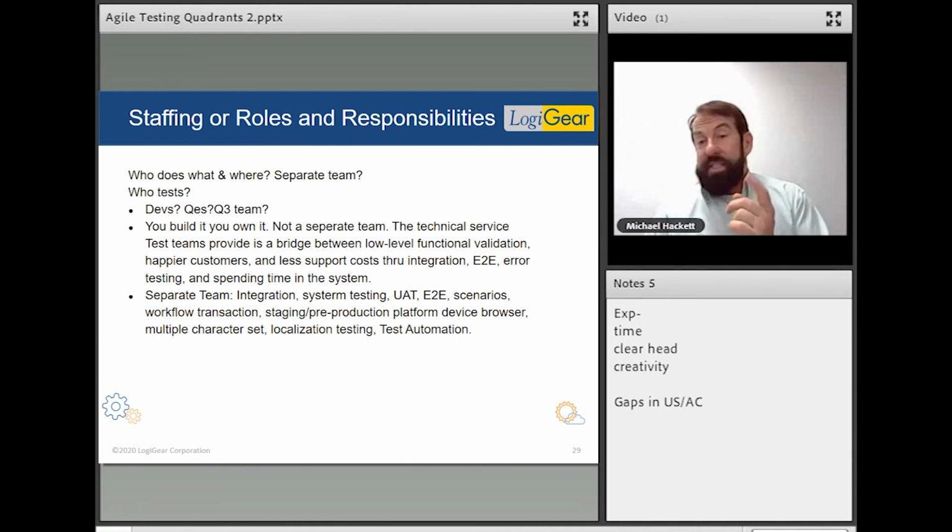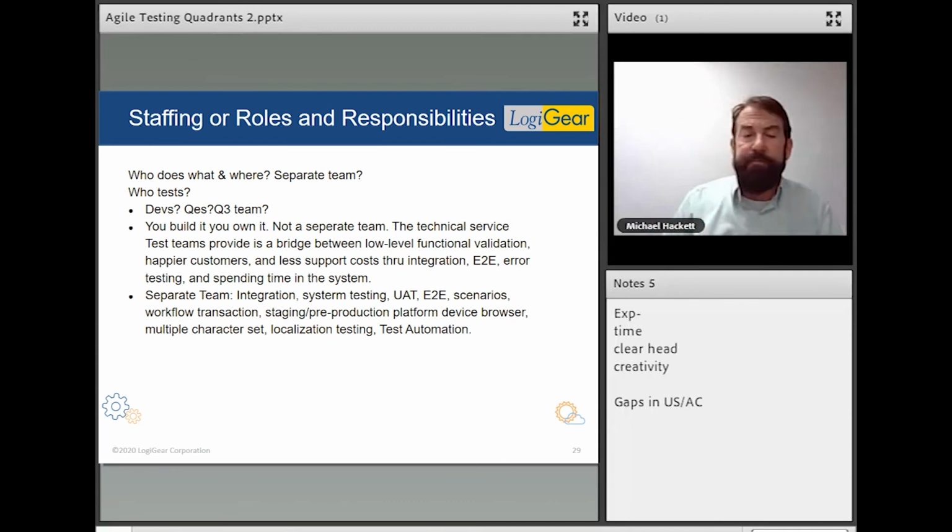In that case, where it's not a separate team, the Scrum team that owns that user story and owns that function is probably going to have a definition of done built around getting all the quadrant 1, quadrant 2, quadrant 3, quadrant 4 testing tasks completed before they can call a story done.